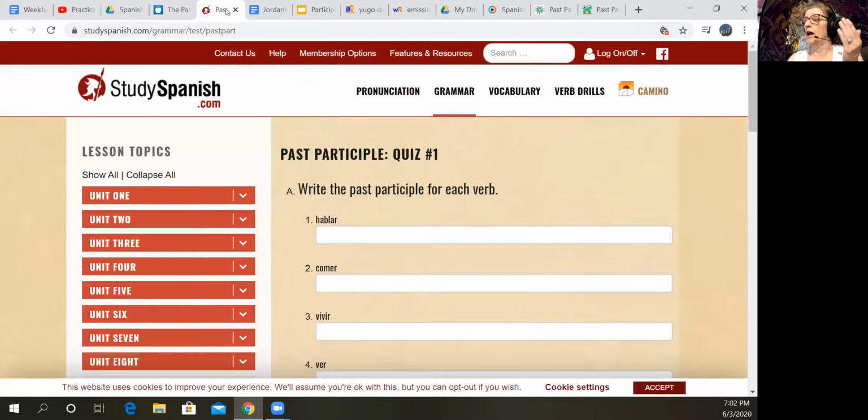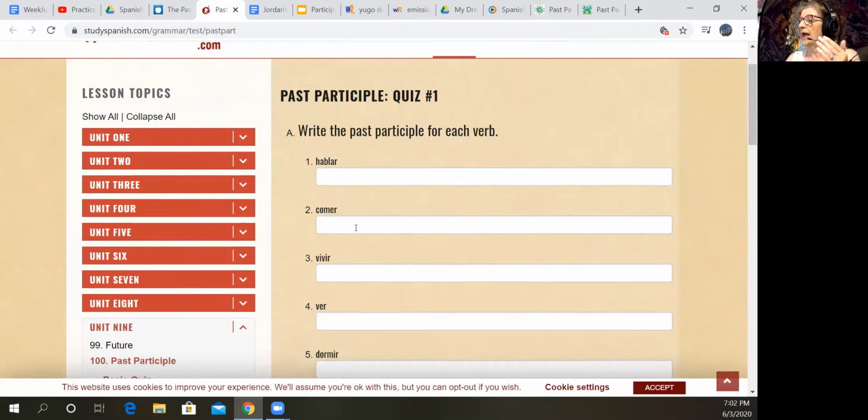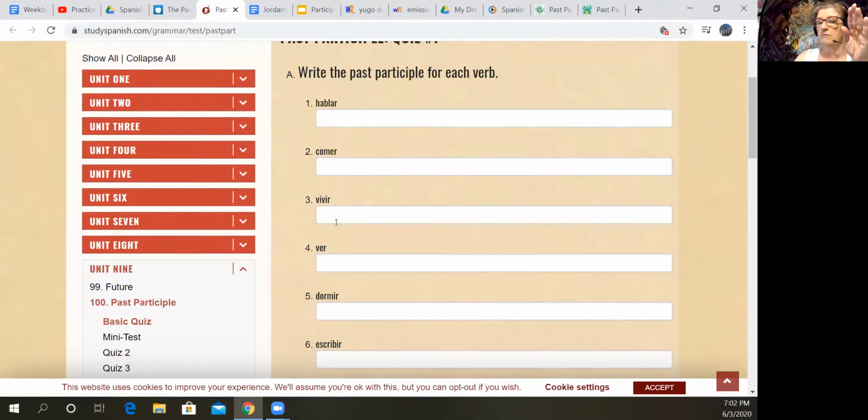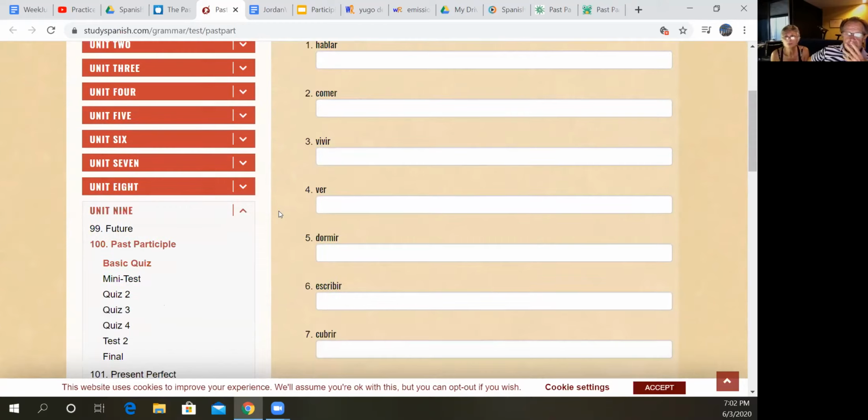We're going to take a little further dip in and see if you can do just the masculine form for these next ones. Don't worry about masculine, feminine yet. Just worry about the participle, the masculine one. Hablar becomes hablado. Comer, comido. Vivir, vivido. Ver, here's an irregular. It's not vido. You'll see on a different page with it.